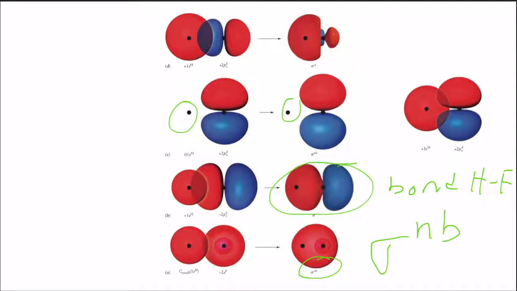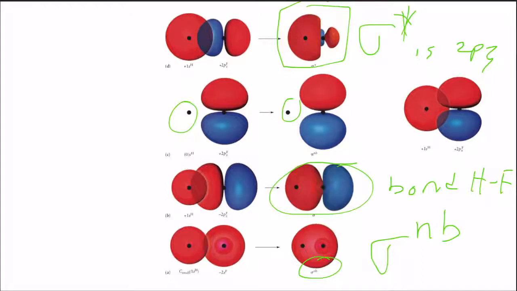And then we have the antibond, so this would be the sigma star, between the 1s and the 2pz, okay? That's kind of a cool orbital. And the book doesn't explain, but I picked it up.